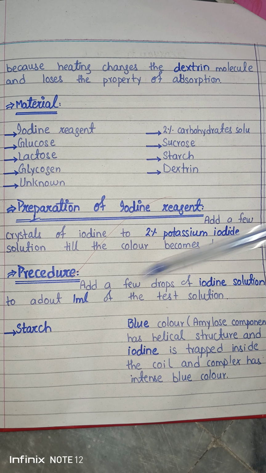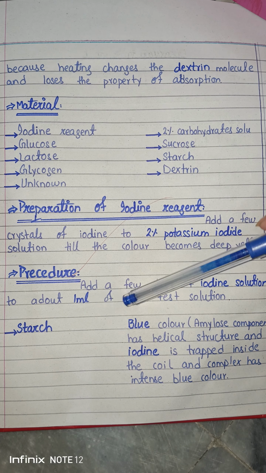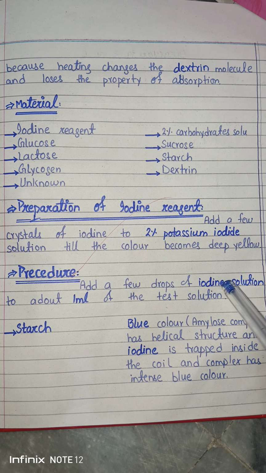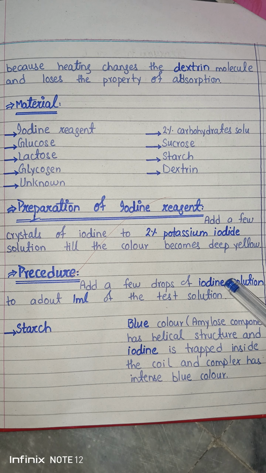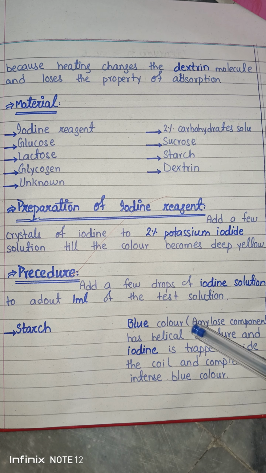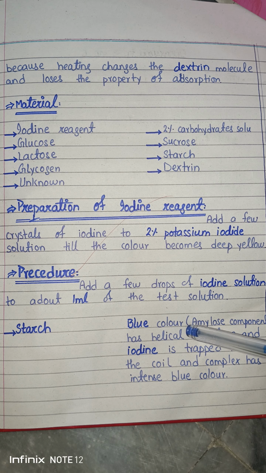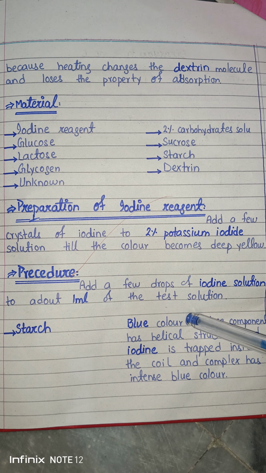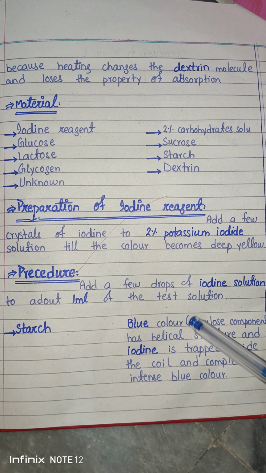Now when you add 2 to 3 drops of iodine solution to the 1 ml starch solution, what will happen? The starch will give the blue color. You know that starch is a polysaccharide, so the blue color appears. The blue color appearance indicates that this is starch.